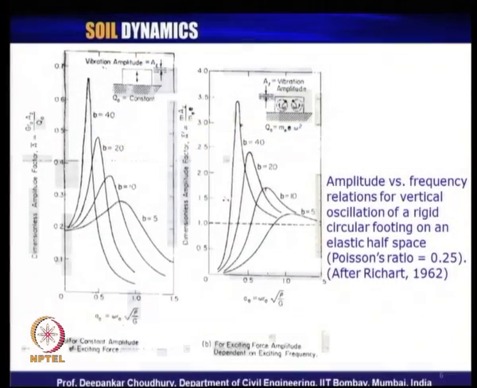So, for different values of B and for different values of A naught, they will change. This is the axis for A naught, and these are curves for different values of B, mass ratio. From this graph, one can easily read after calculating A naught, because omega is given to us, R naught of the foundation is known, rho of the soil is known, G of the soil is known.